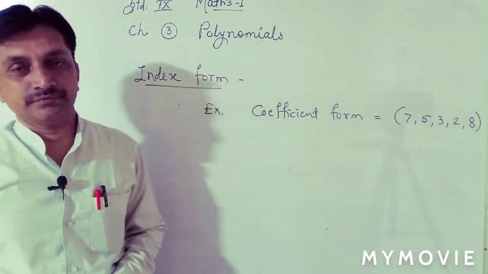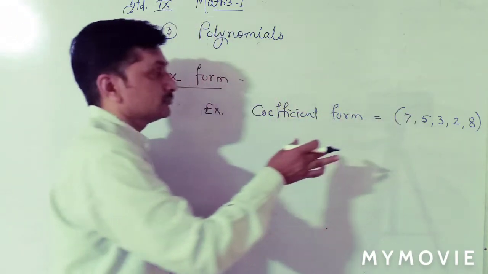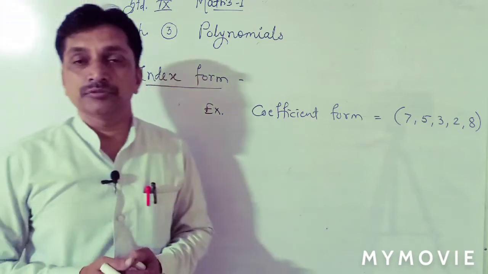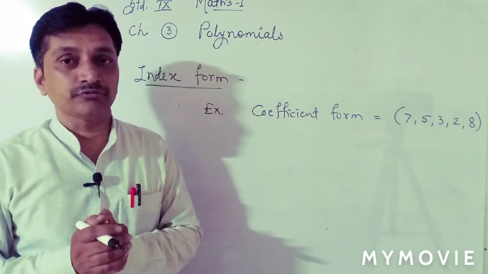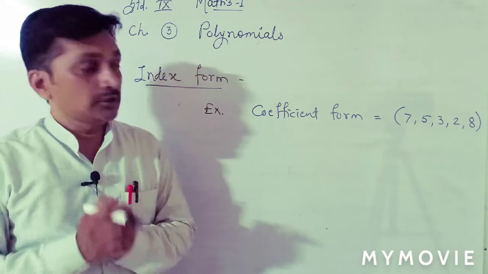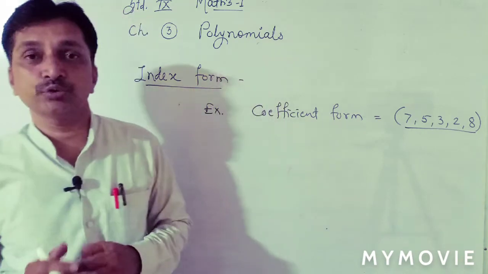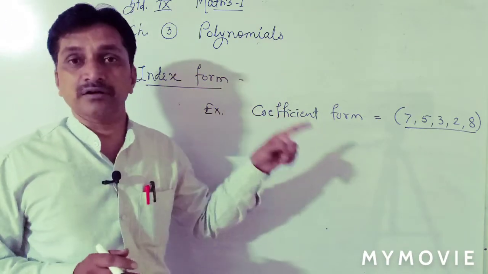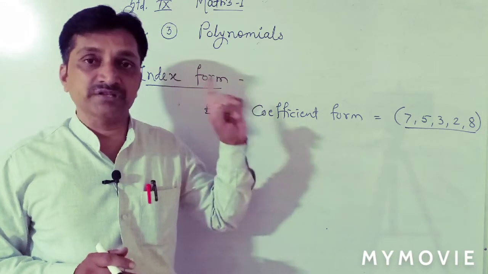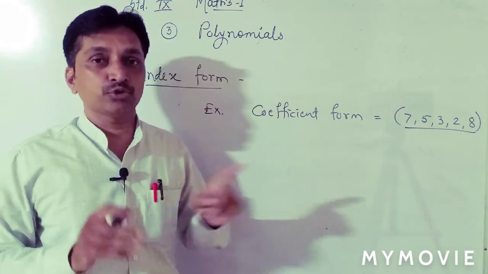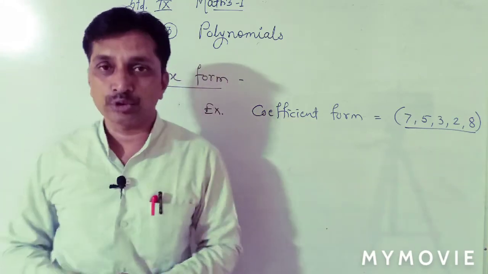The question is to write this coefficient form in the form of variable x. Already these are arranged. When a coefficient form is given to us, the coefficients are already arranged, so don't make any change in the coefficients.